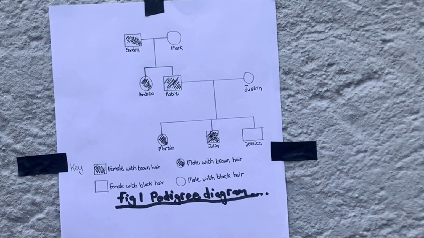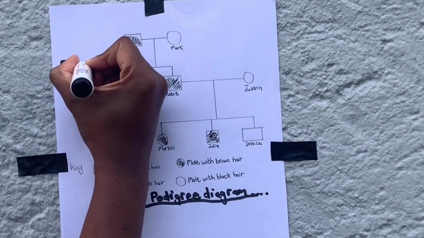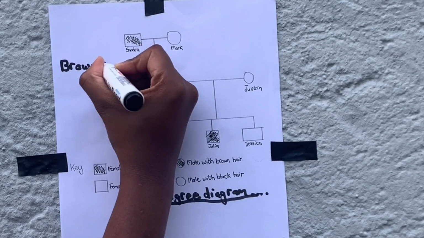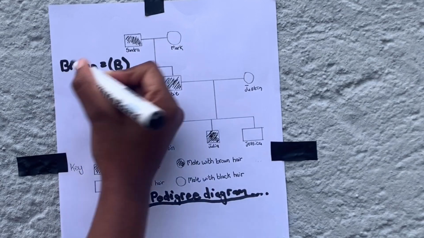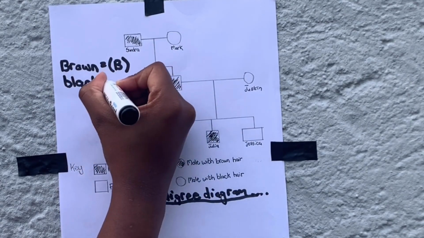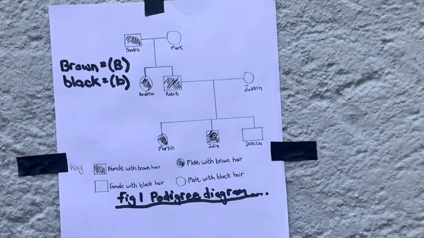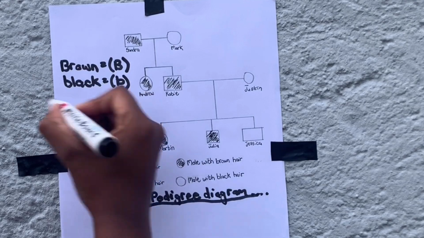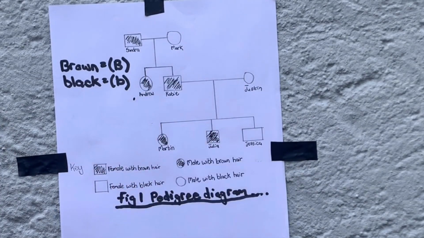I'll write there that brown, with a capital letter, is dominant, and black is recessive. We start off with everyone with black hair, because in order to have black hair you need to be homozygous for it.